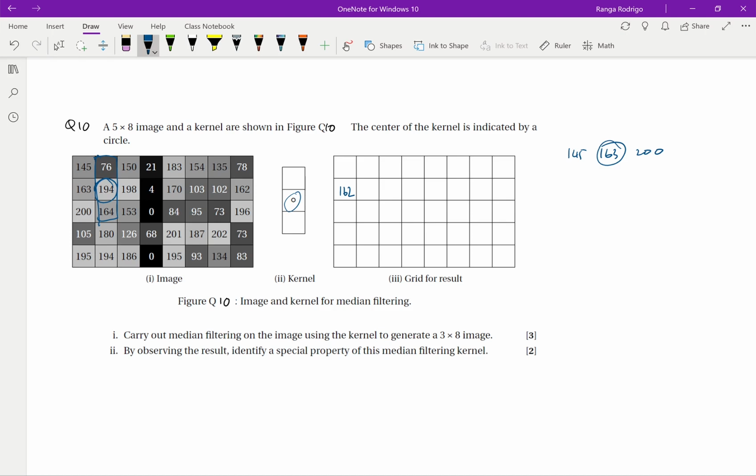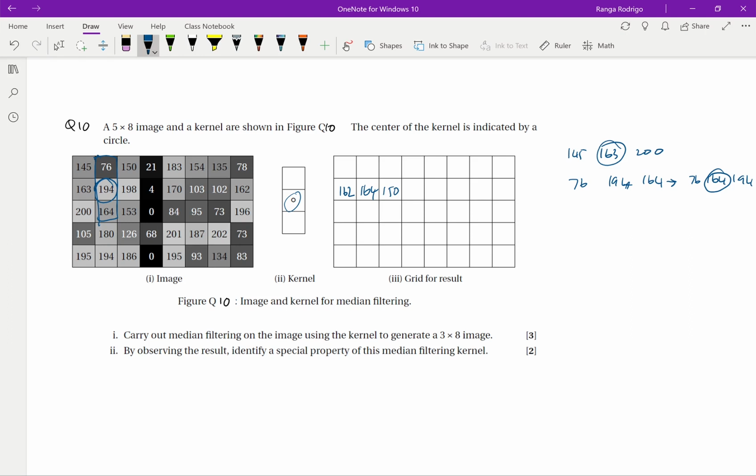So values are 76, 194 and 164, and you have to order them. When you order them, you get 76, 164 and 194. Pick the middle, 164. Okay. So now you can just look at it and do it.